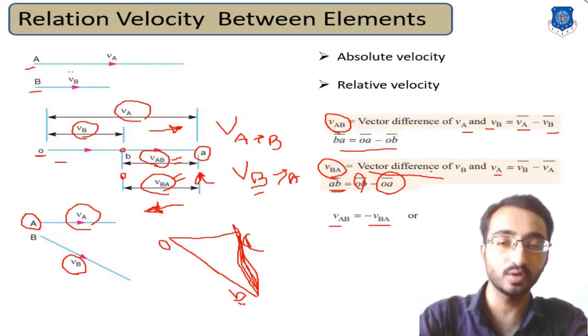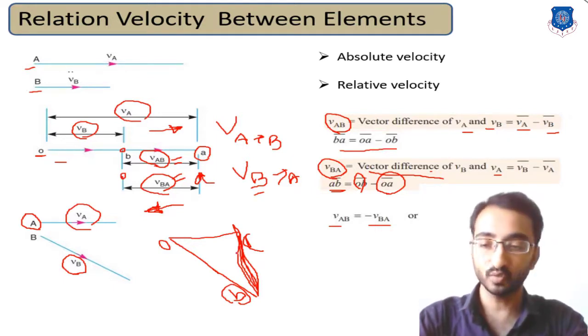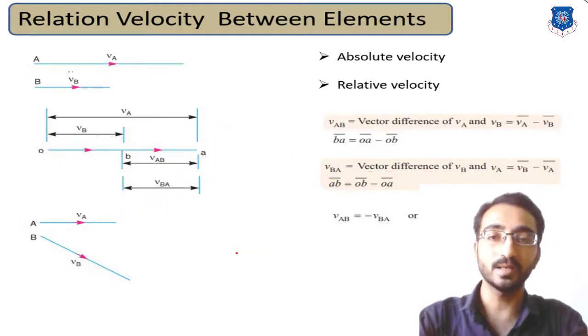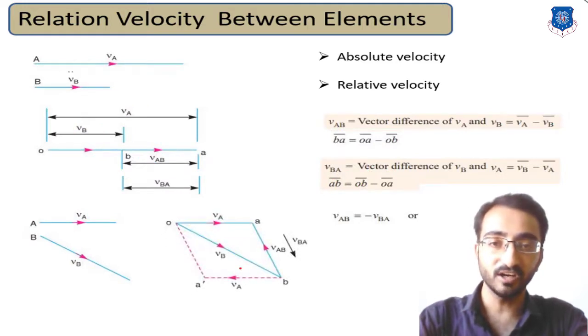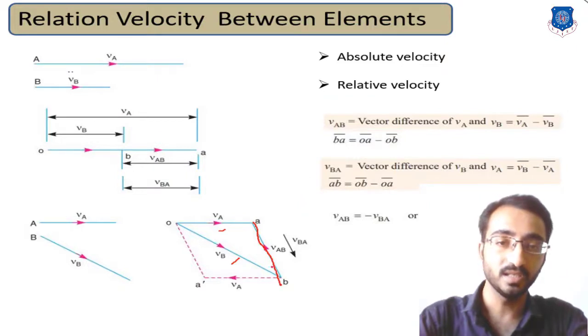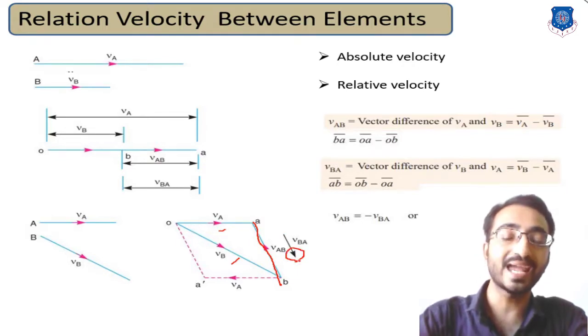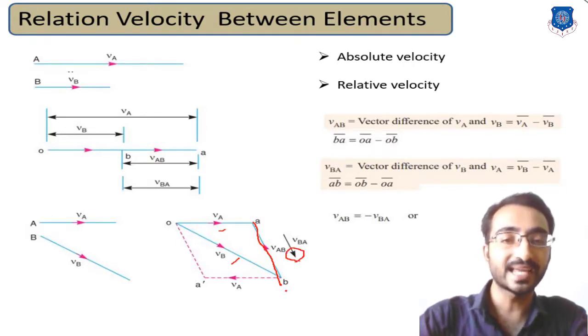So how can we calculate this vector difference BA? By joining these two lines. We can simply sketch this diagram in such a way that the velocity of B and the velocity of A, and the line joining A and B, defines the velocity of B with reference to A. If you put your arrow head towards a point, it is defined as the velocity of that point.